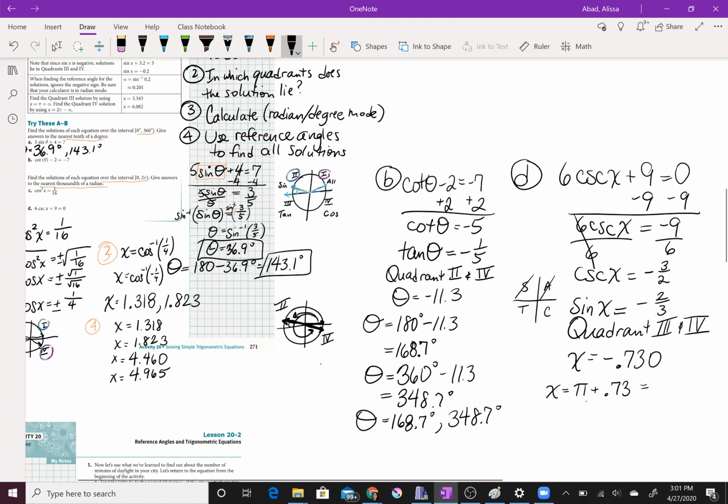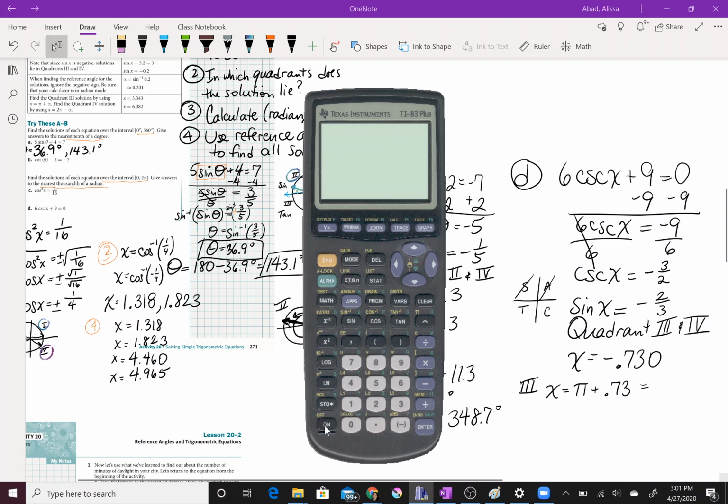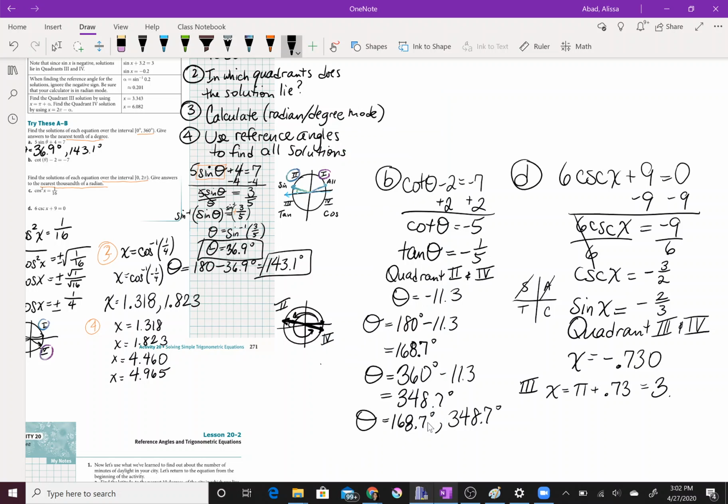That's going to be approximately, and keep in mind this is for quadrant 3, in radians, 3.872.